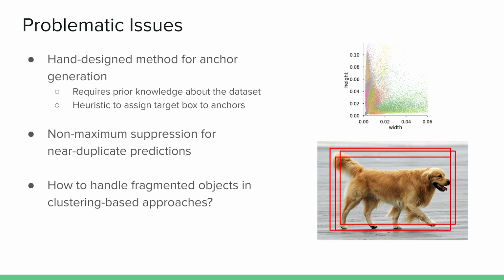And for those bottom-up approaches, one common challenge is how to handle fragmented objects when you want to cluster your pixels together. If one pixel over here and one pixel over there belong to the same object and they're not connected to each other, that is kind of challenging. And finally, one more issue with using these segmentation and clustering algorithms is, what if a pixel does not uniquely belong to a single class?